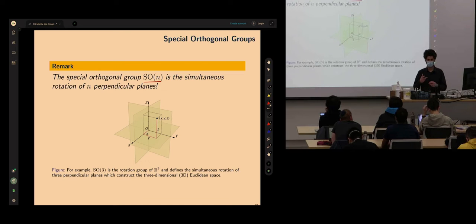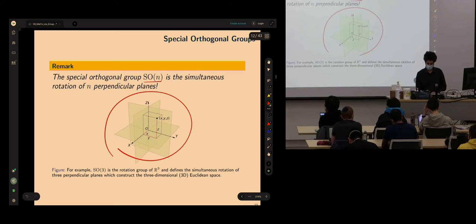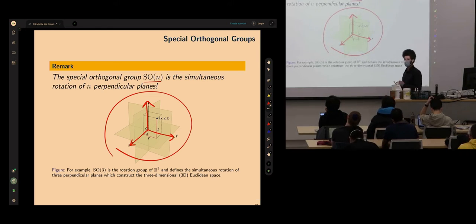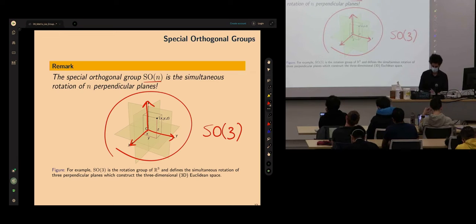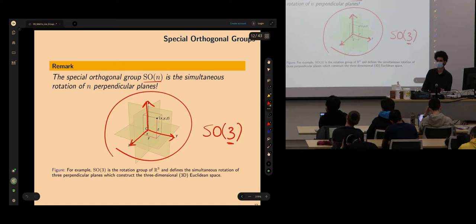In 3D, you have 3 planes, just like here. Each plane is defined by a normal. When you rotate these 3 planes simultaneously, this motion is described by SO(3). But whatever we talked about is general for any dimension. Of course, we're most interested in 3D.